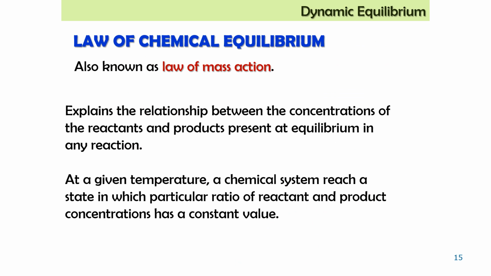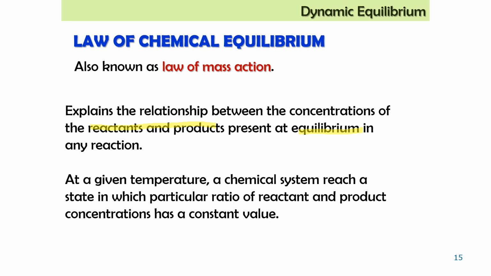Next, let's proceed with the law of chemical equilibrium. It is also known as the law of mass action. It explains the relationship between the concentrations of the reactants and products present at equilibrium in any reaction.